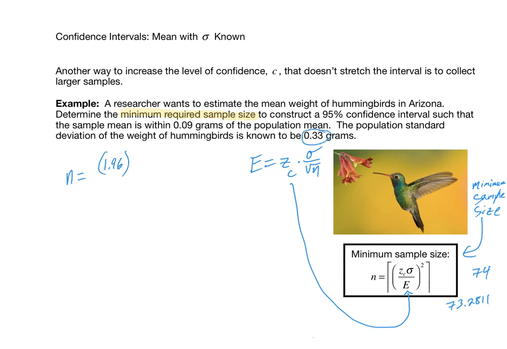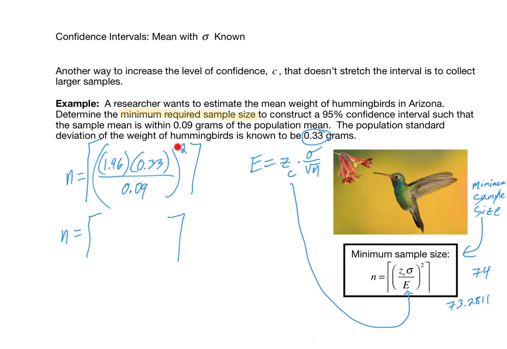Sigma is 0.33 grams, divided by the margin of error, which is 0.09, because we want the sample mean to be within 0.09 grams of the population mean. That means we're going to go 0.09 to the right or 0.09 to the left. So that is our margin of error, 0.09. Then, of course, we need to square that fraction and then take the ceiling of the result. So we are going to find the ceiling of the following number.